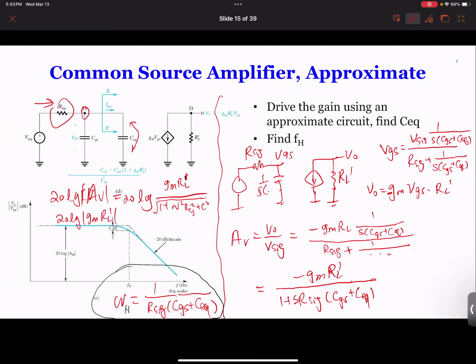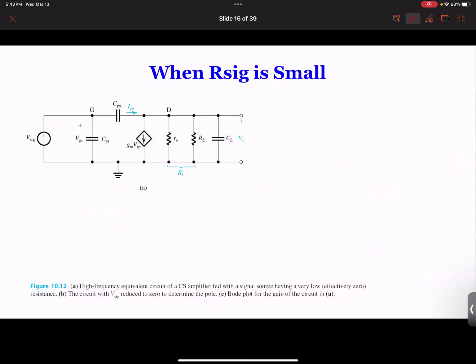Well, GM and RL prime are both positive numbers, so you don't have to put the vertical lines there. But this line over here is really where omega starts to drop, starts to increase and again starts to drop. So this is where it gets interesting to look at the gain.